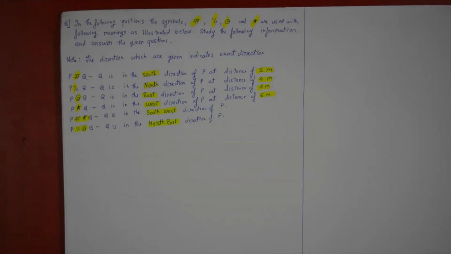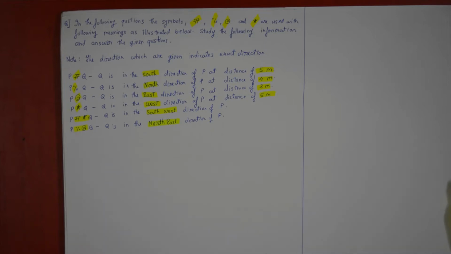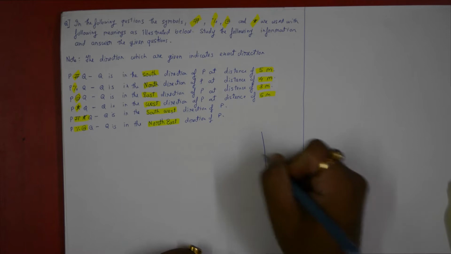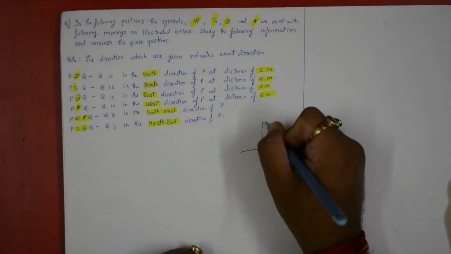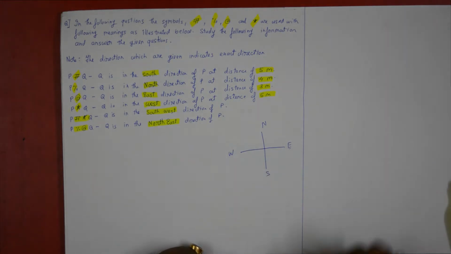To make this much simpler and better to understand, the first thing one should do is draw a compass like this: north, east, west and south.